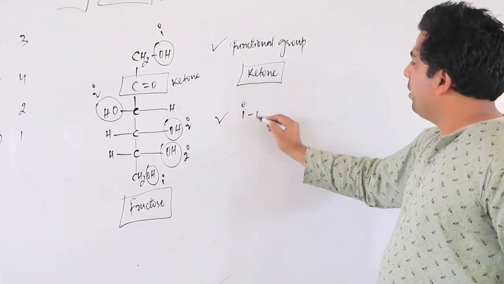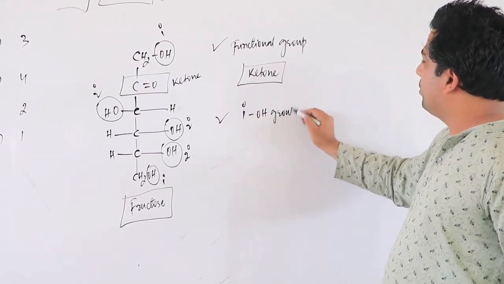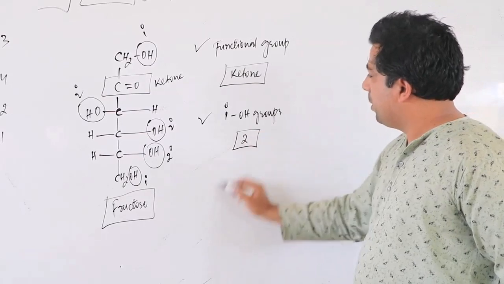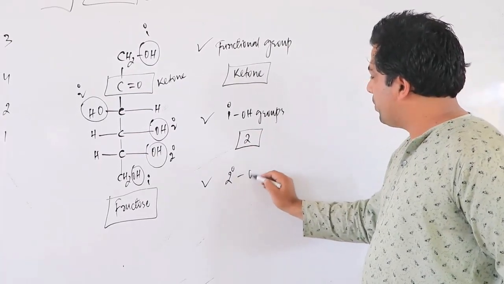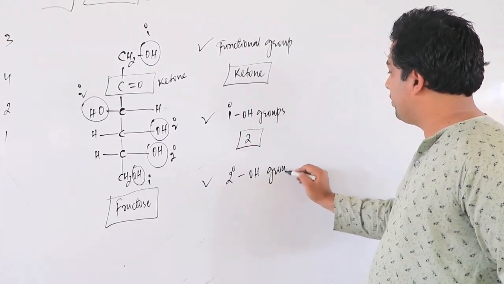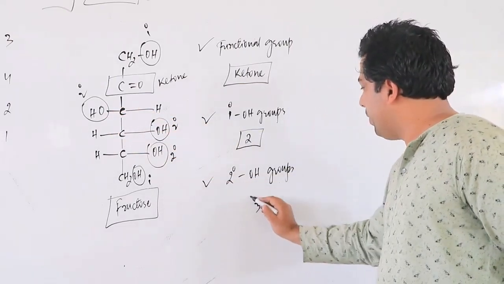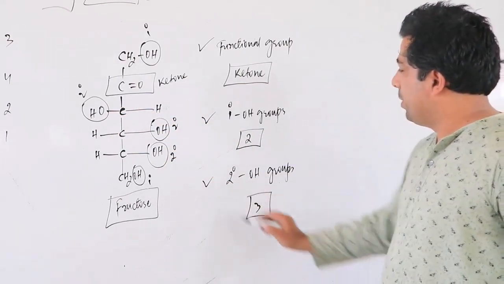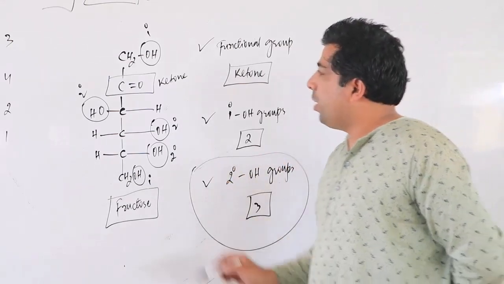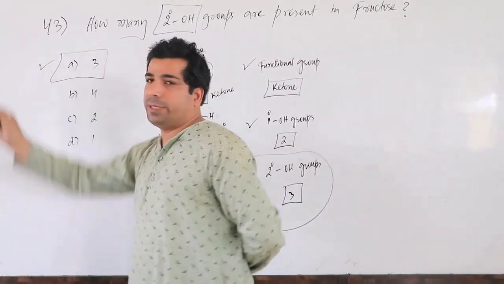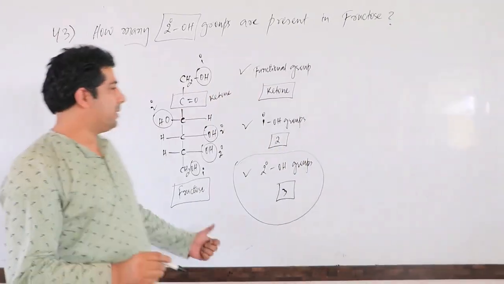So primary OH groups are 2 in number. Secondary OH groups are 1, 2 and 3. So 3 are secondary OH groups. I need this one. How many secondary OH groups are there? 3. So my answer is A option. Please make note of this.